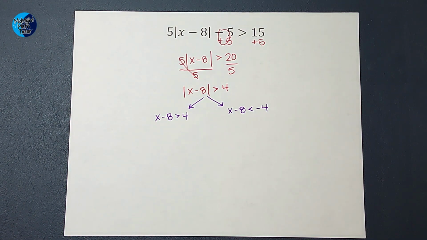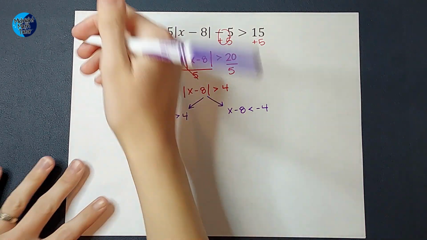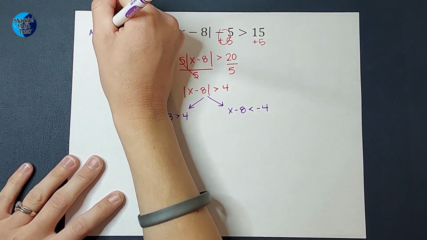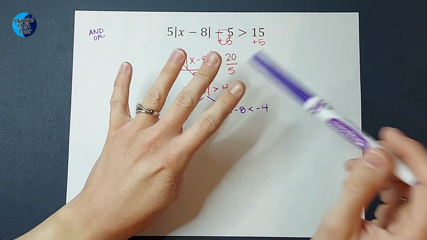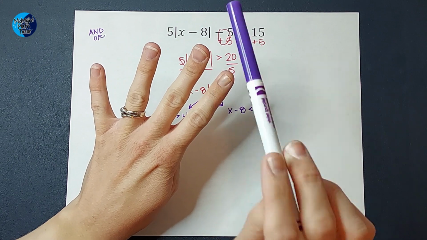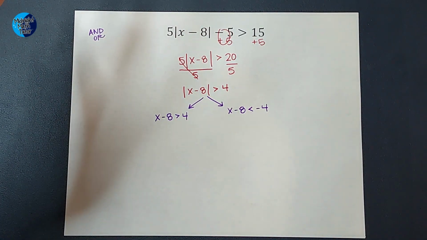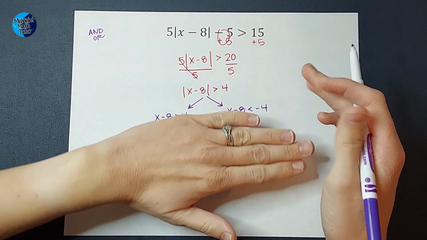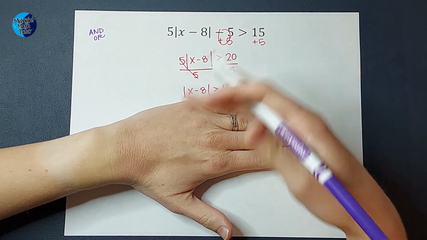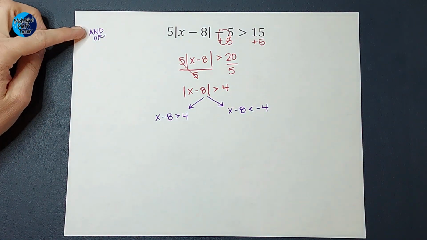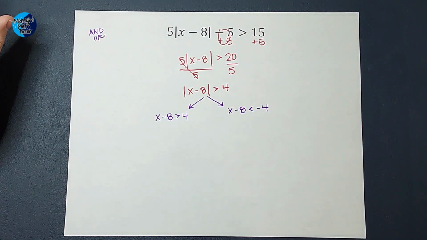Now, the other thing I need to know is if this is an and inequality or an or inequality. Remember I said you could have 4 possible types of answers? Well, the no solution and all real numbers answers would have to do with if this 4 up here were negative, okay? Since it's positive, I don't have to worry about those ones. So I just need to know if it's an and inequality or an or inequality, okay?